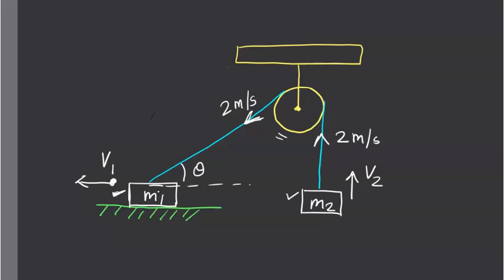That means the rate at which this particular length is decreasing, the same rate is the rate of increase for this other part of the string. Because this is a constraint over here.